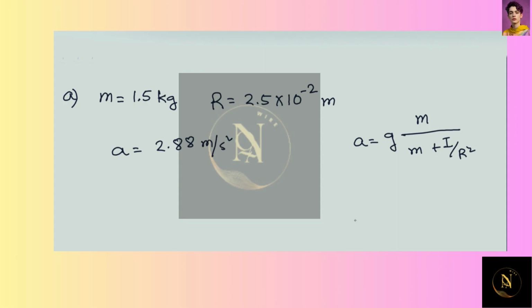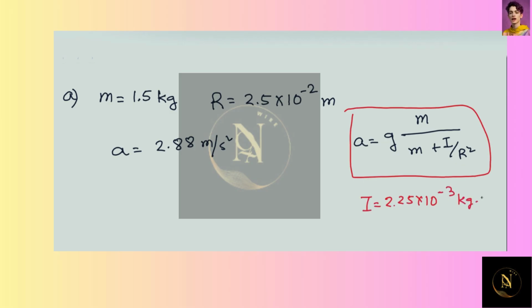What we're doing here is taking m as 1.5, g as 9.8, and I as the one that we figured, 2.25 times 10 to the power minus 3 kg meter squared, and r for the small disk is r1, which is 2.5 times 10 to the power minus 2 meters.